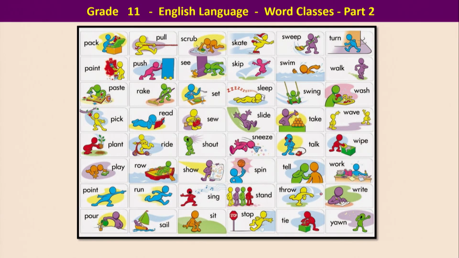Right. Then sweep, swim, swing, take, talk, tell, throw, tie. Yes, do you sweep your house, classroom? Right. Turn, walk, wash, wave, wipe, work, write and yawn when you are sleepy. All these are verbs, children.